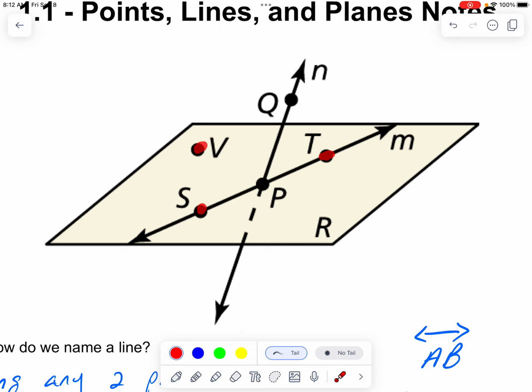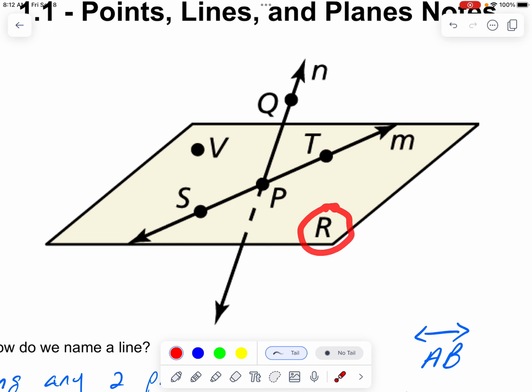Those are 3 points on the plane. They're not all on the same line. It's okay that 2 of them, S and T, are on the same line. We just can't have all 3 be on the same line. We could also call it SPV or PVT. Those would all work. The other way is by this letter in the corner, this plane R.